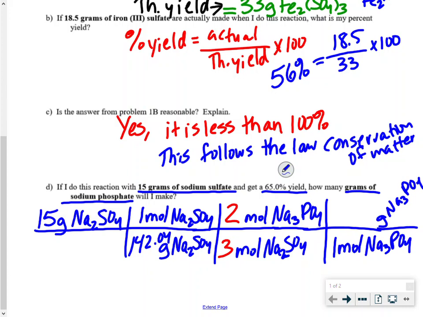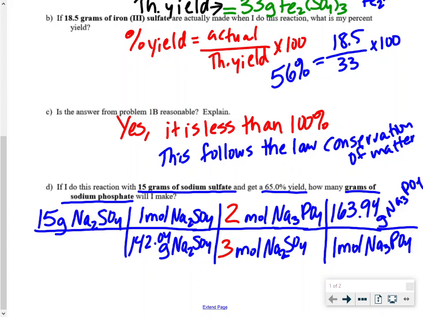But we need 1 mole Na3PO4. How many grams is that going to be? 3 sodiums, 22.99 plus 1 phosphorus at 30.97, and 4 oxygens at 16. I'm getting 163.94. Are we in agreement?